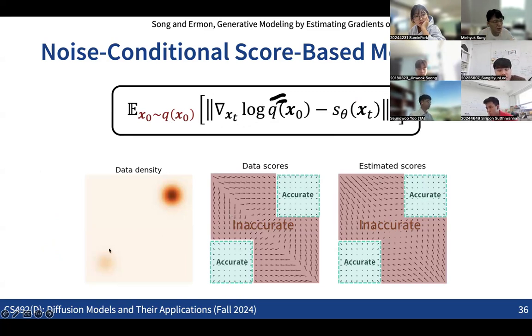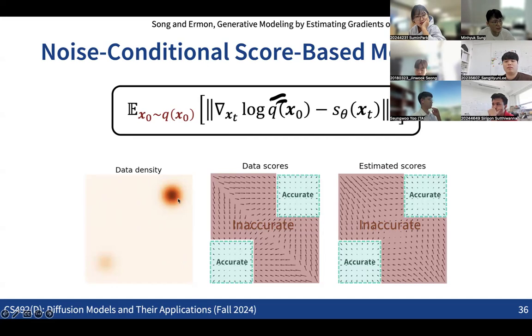If we have a data distribution that has high density in this region and low density in this region, then we are going to have very few samples from these low density regions, right? And since we have very few samples in these regions, we are not going to train this score prediction network that many times for those regions.